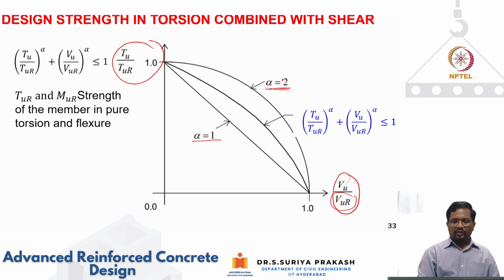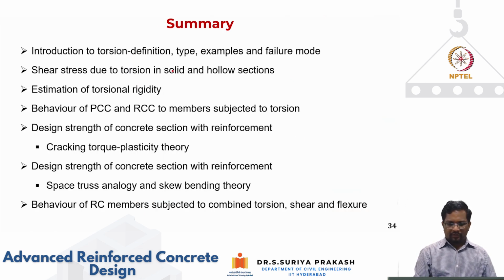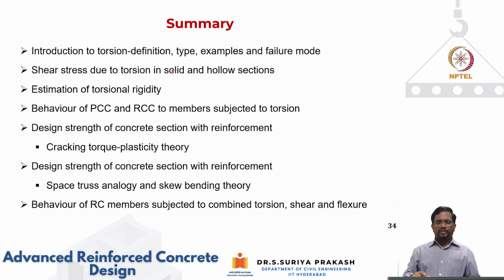Alpha is purely a function of the strength of the members in flexion. Generally we take alpha between 1 and 2, depending upon the amount of steel that you're assuming. This way I can also derive an interaction between the shear existing in the cross section versus the torsion existing in the cross section. So this is the overview.